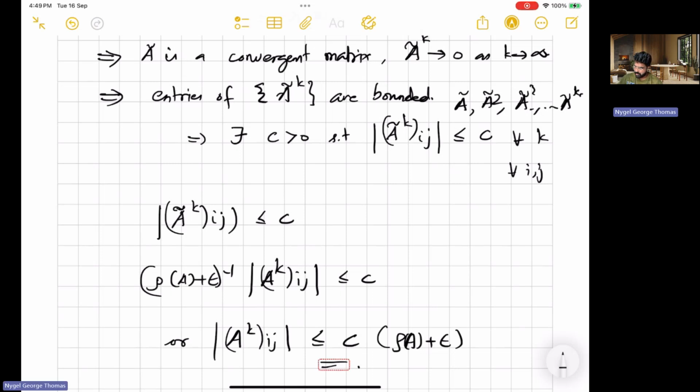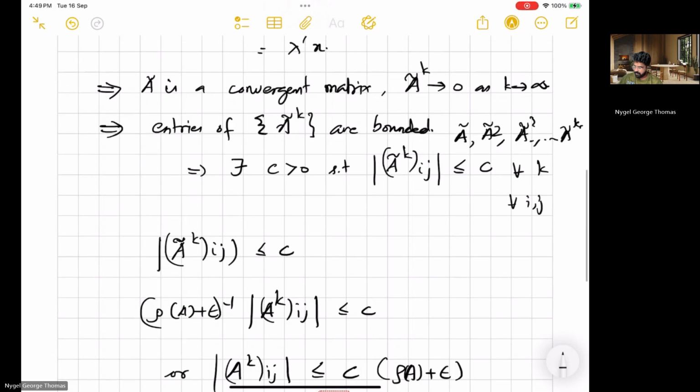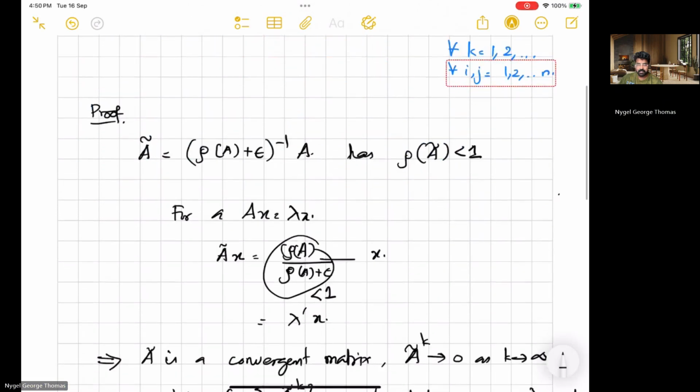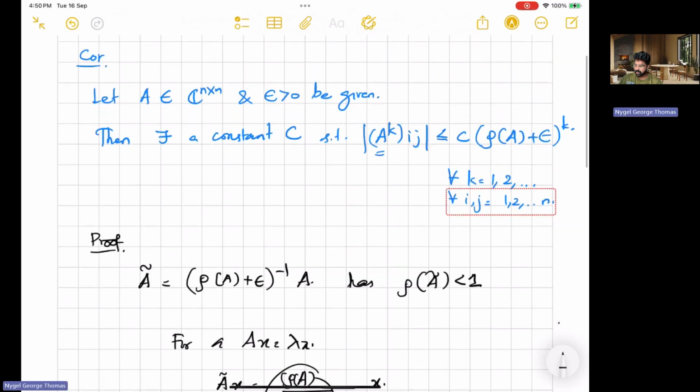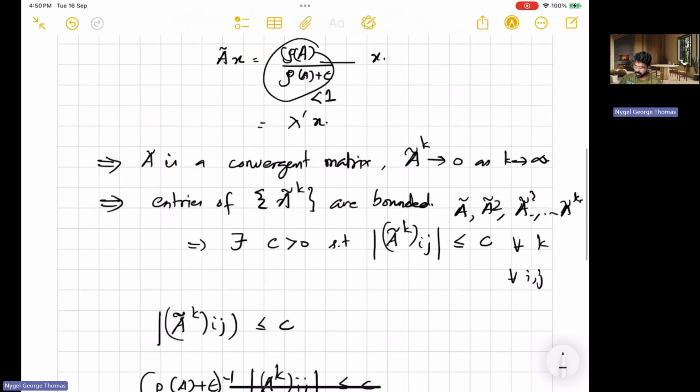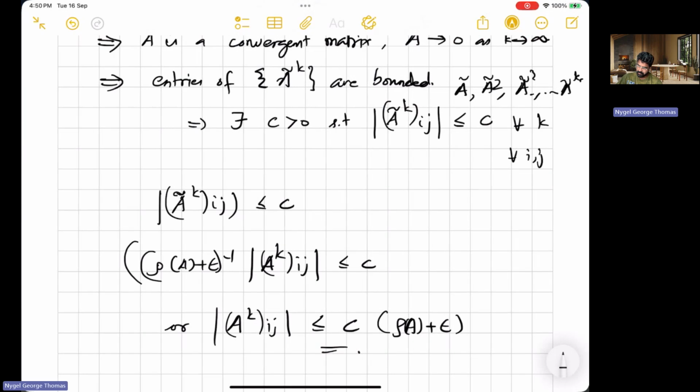Sorry, did I miss something? No, yeah, sorry, it's raised to k, so here there's a k.